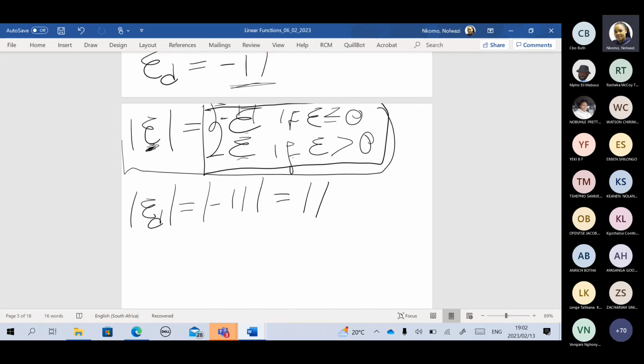And we said if the absolute value of the elasticity is greater than 1, and 11 is greater than 1, right? Since this is greater than 1, we can conclude that the demand is elastic.